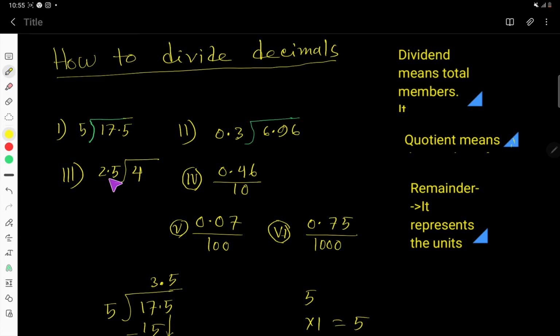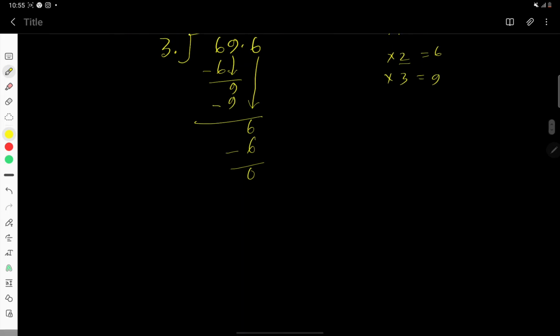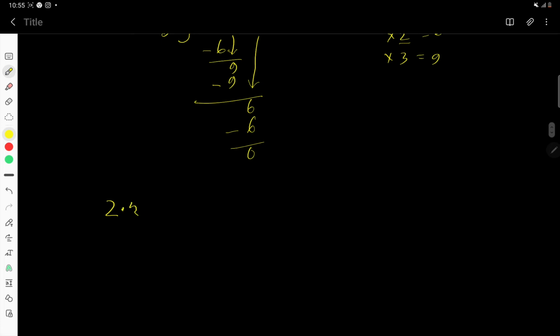right? 2.5, and you have to divide this by 2.5, and here you have 4. So you have to divide this whole number by a decimal number. So how to do that? Look, you can write any whole number like this.